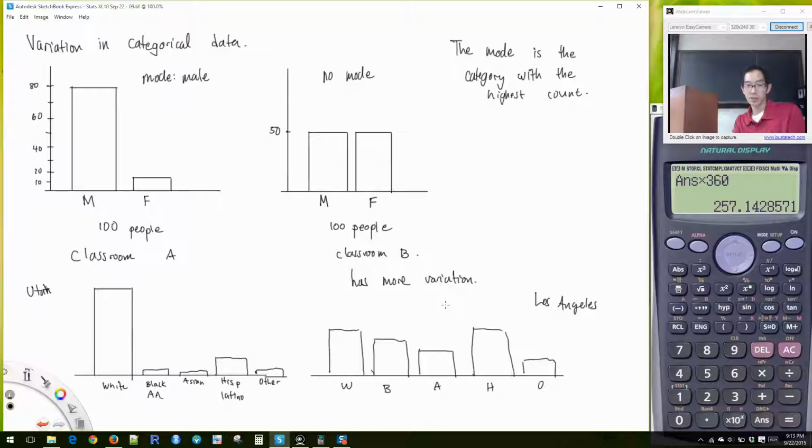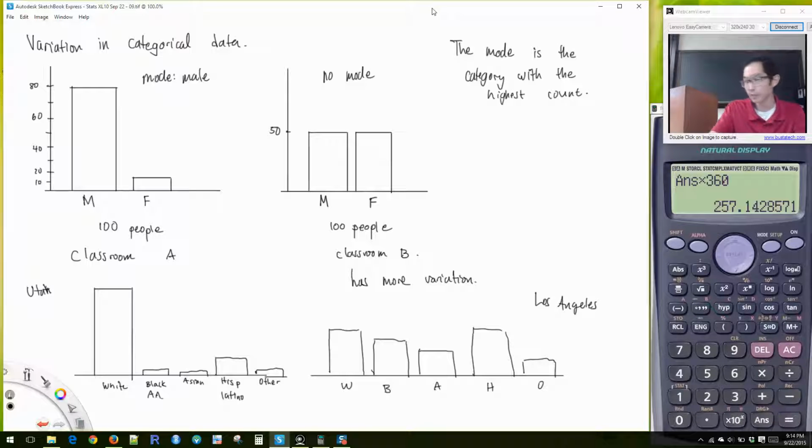Los Angeles, I actually don't know. I think it's pretty close between Hispanic or Latino and white. I guess it depends how you define Los Angeles, Los Angeles County or Los Angeles City or Greater Los Angeles, whatever. It's all different, but so we have that.